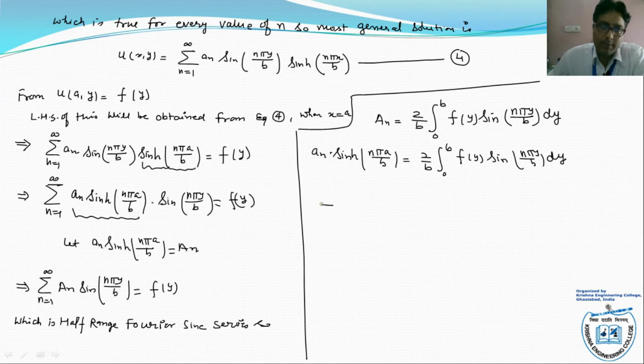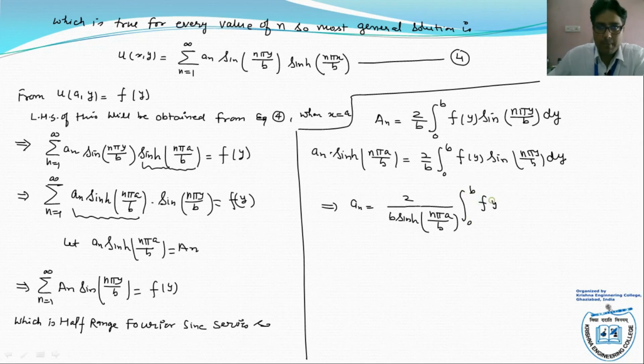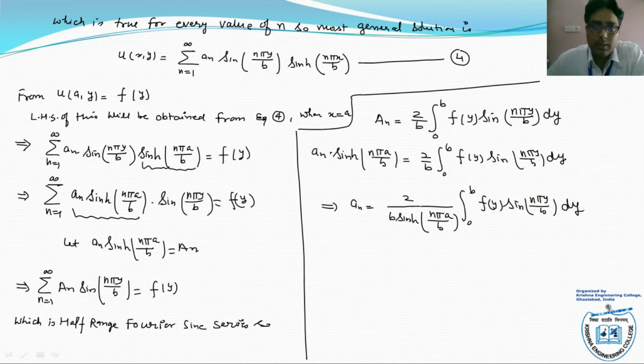So we get an is equal to 2 upon b sine hyperbolic n pi a by b integration from 0 to b f(y) sine n pi y by b into dy.